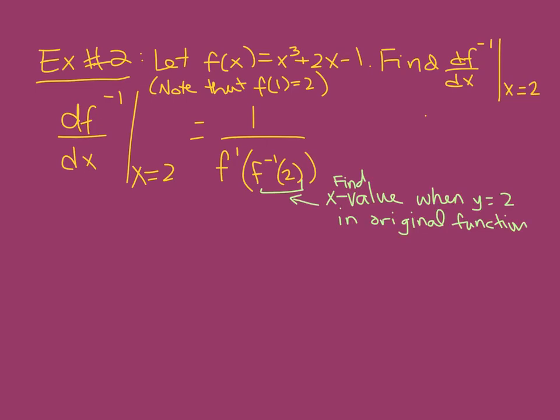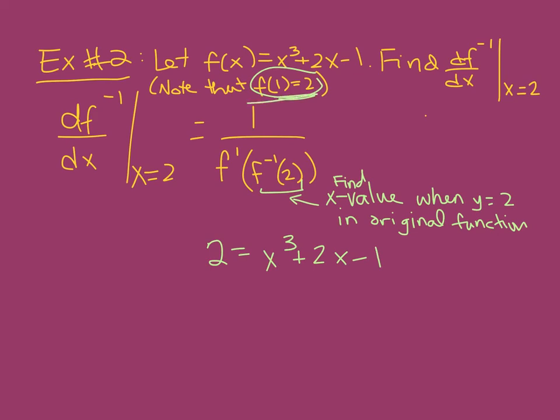So I actually gave you something to help you out. I gave you f of 1 equals 2. If you know how to use that already, you can. But I will show you what we're actually looking for. We want to figure out when this function is equal to 2, and we actually have that above.